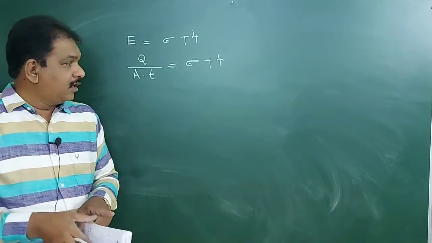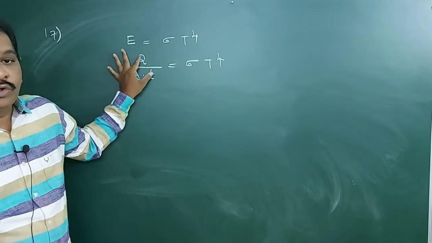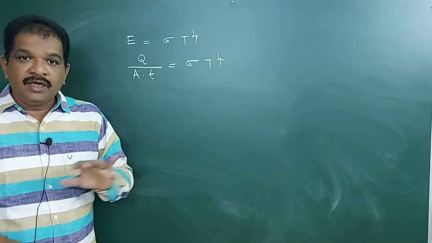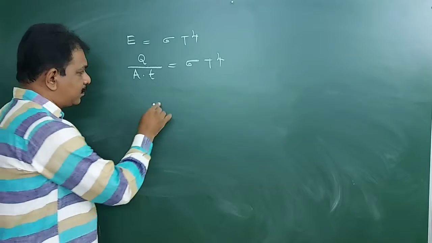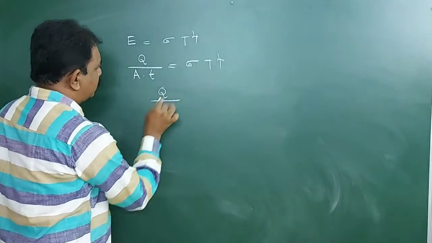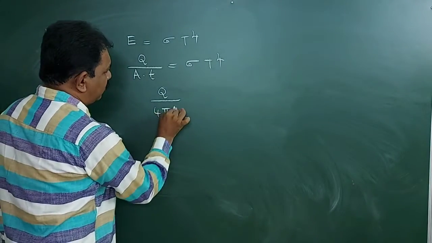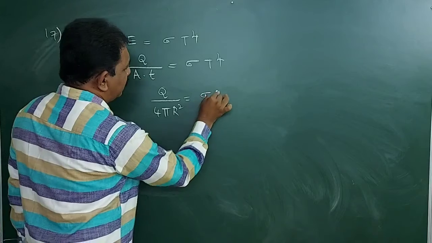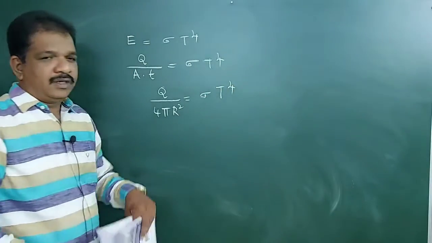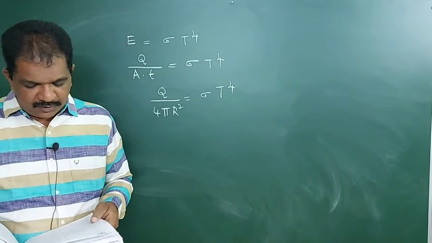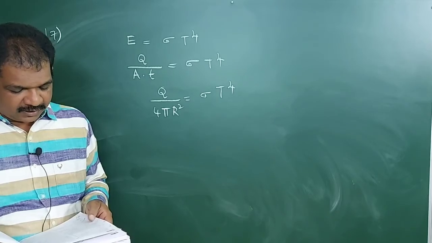Here the rate of energy, Q by t, they gave as Q in this problem. So this is Q, and this is 4 pi r square, is equal to sigma T power 4. The temperature they gave is T only, and T is what they are asking.